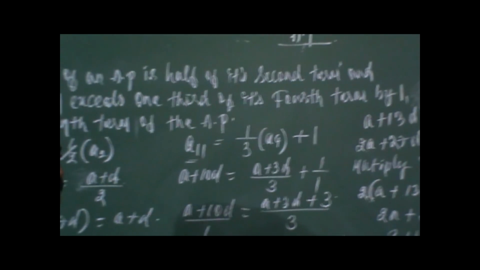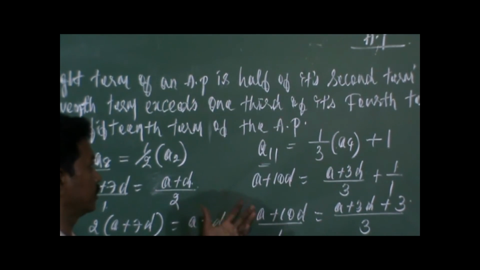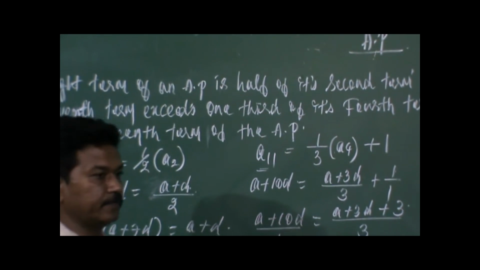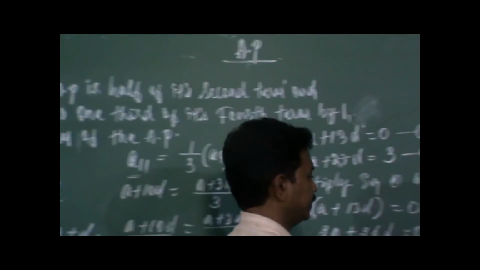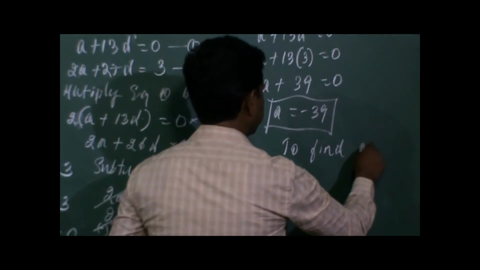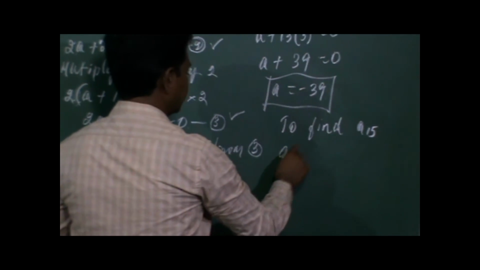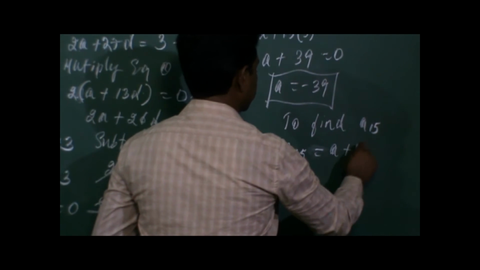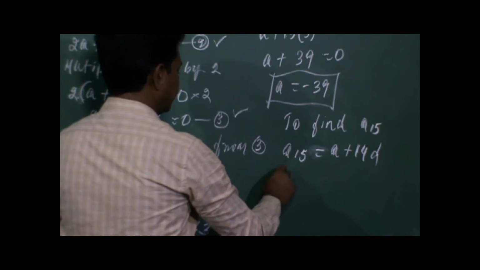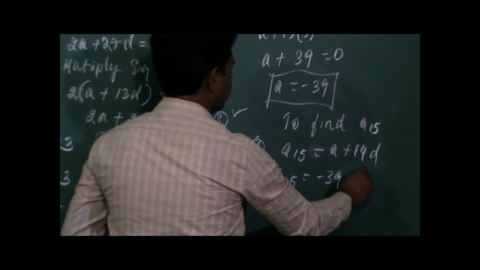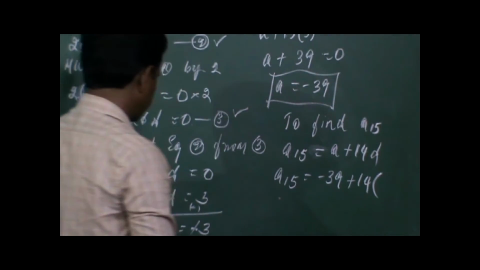Now find the 15th term of the AP. In order to find the 15th term of an AP, we have the first term and common difference, so we can easily reach the 15th term. A15 is equal to A plus 14D. A stands for minus 39 plus 14 into D, and D stands for 3.